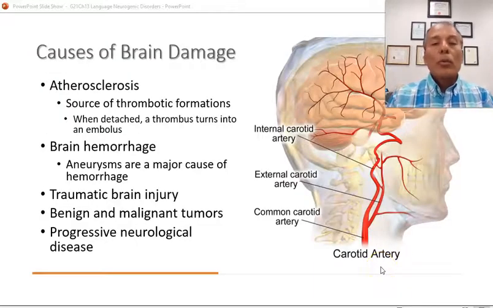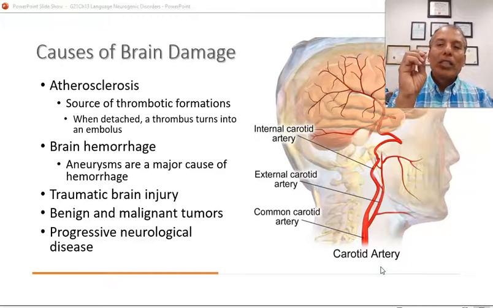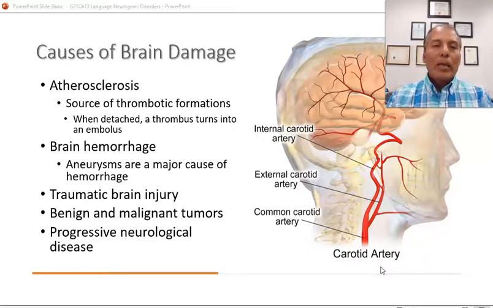So generally, the brain is very fragile, and the consistency of it is like toothpaste. Different kinds of events can damage brain structures in different ways.